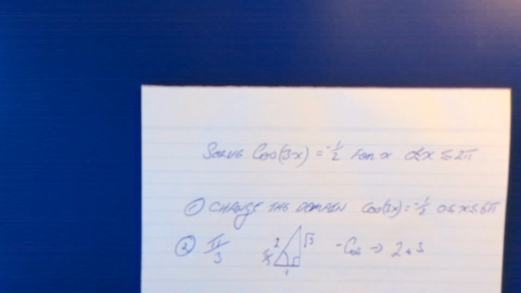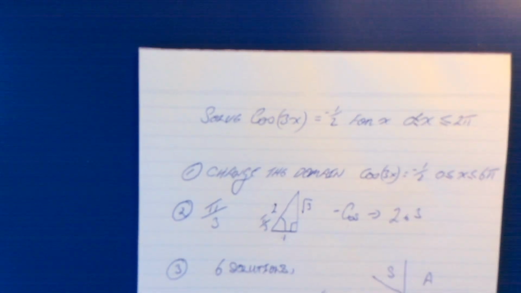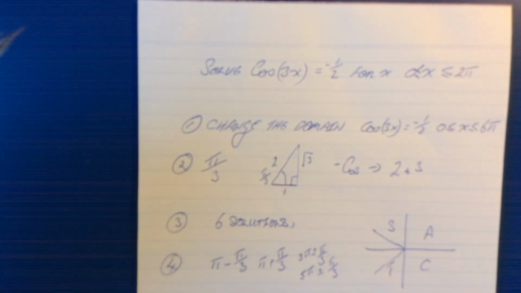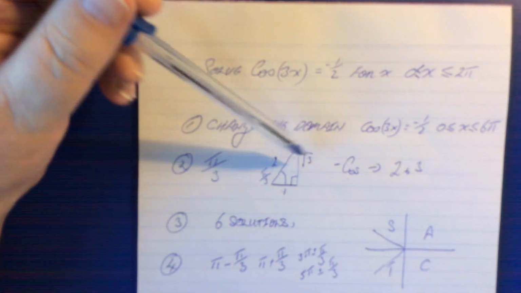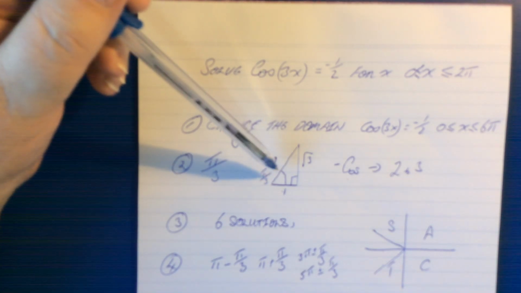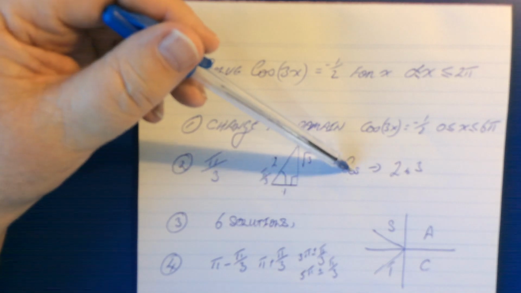The next step is to make the leap to understanding that there are 6 solutions. So I've just noted that there. Let's go through the motions of this. Now, we are looking for where the cosine is negative here.